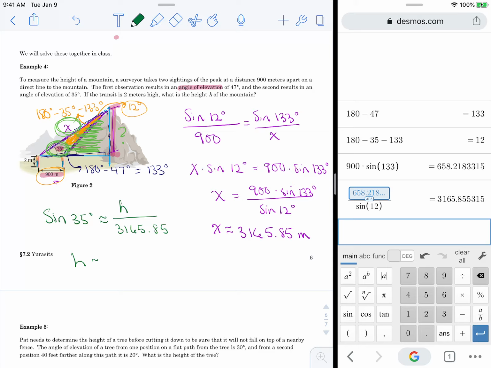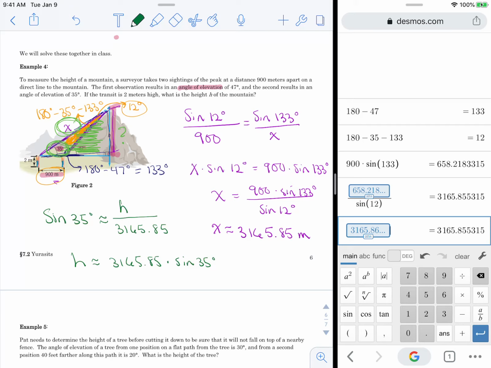So then our height is 3,165.85 times sine of 35 degrees. And once again, I'm going to use this entire answer and not just the rounded one. And we get about 1,815.86 meters is the height.